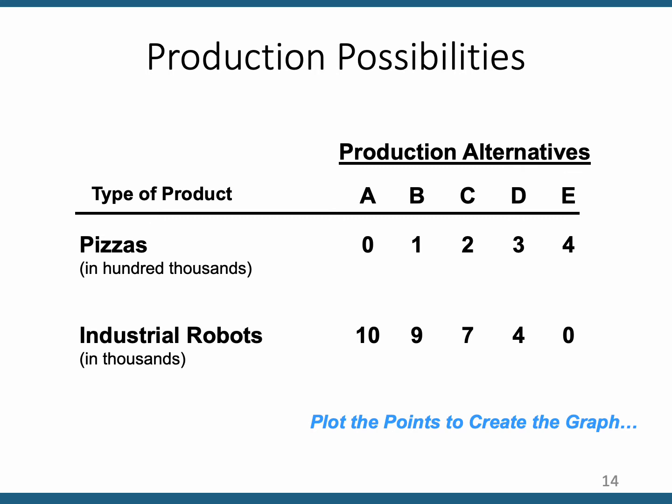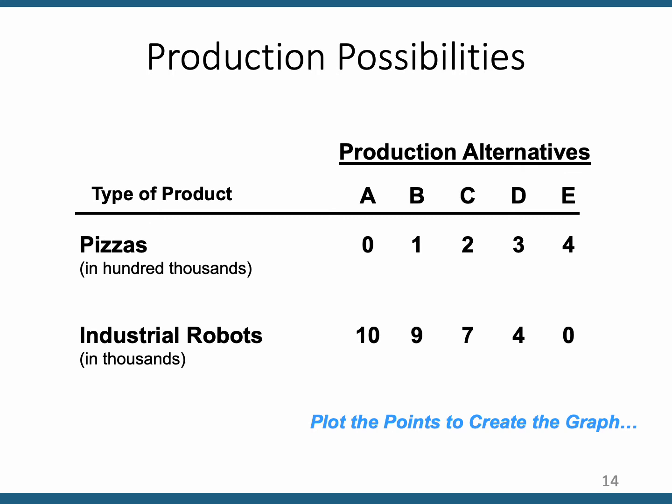When you add the second 100,000 pizzas per week to get to point C, now what is the opportunity cost of that second 100,000 pizzas that you gained per week? It's 2,000 robots. That doesn't seem right, does it? Seems like it should be another 1,000.